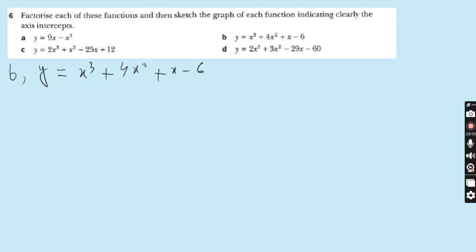We have discussed this too much when we were doing chapter number 4. I already uploaded the whole chapter 4, each and every exercise, each and every part. So first we have to find the first factor. If we put x is equal to 1, we get x cube 1, 4 into 1 square is 4, plus 1 minus 6.